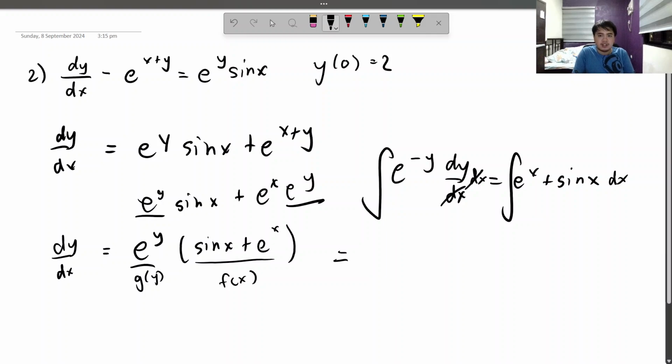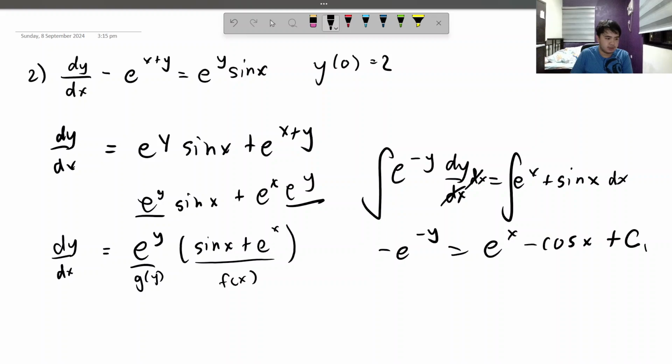So the integral of e to the negative y with respect to y is going to be negative e to the negative y, and the other side is going to be e to the x minus cosine x. Then we have plus c here, and I'm not too sure that c is the final form of that. So let's put c1 in here to indicate that the constant, the arbitrary constant, is still going to change as it goes on.